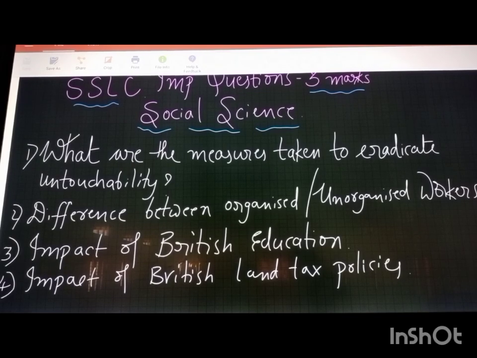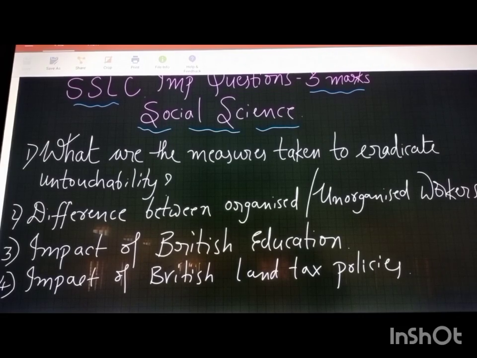It means land became a commodity. People started mortgaging or keeping their land, and they started borrowing loans. Because of this, many zamindars and farmers mortgaged their lands. They kept their land in order to raise money.